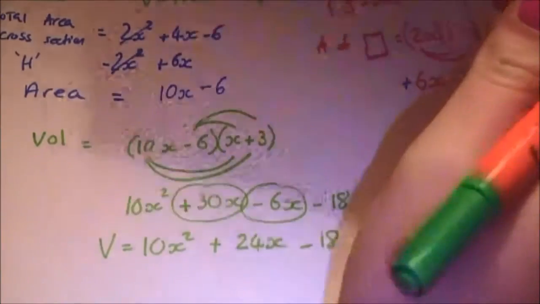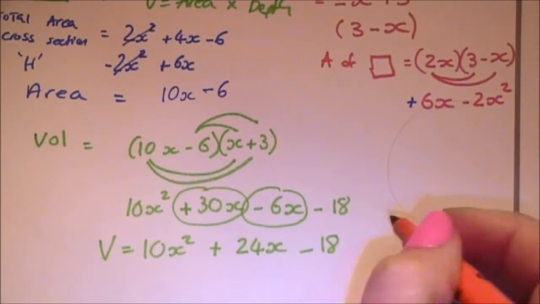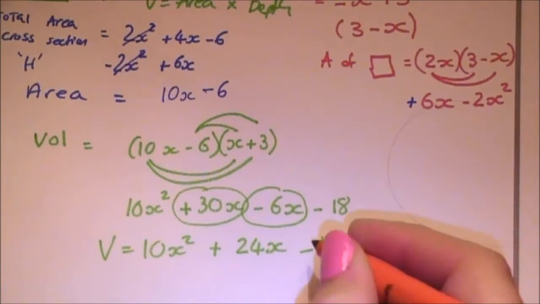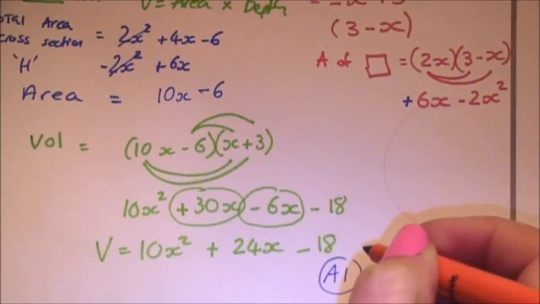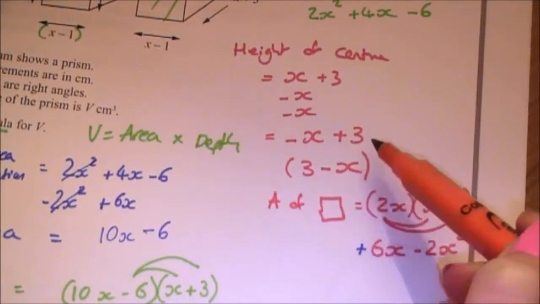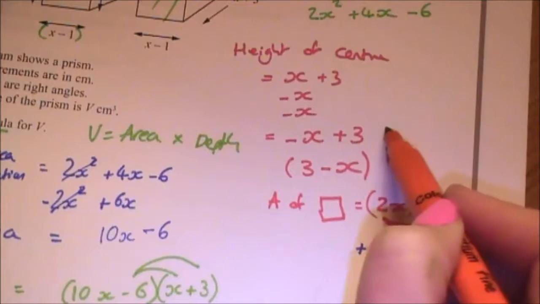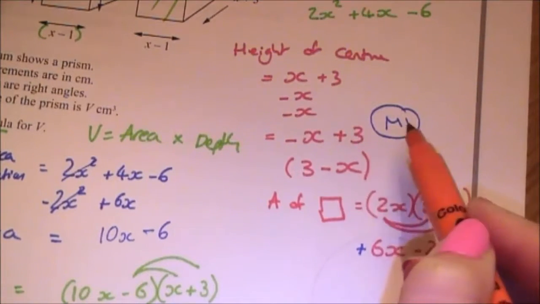I can have a look at where the marks are allocated for this. So I get an answer mark for getting the correct answer. Now, I get a method mark if the examiner can see sight of you finding an expression for the missing side. So that gets me a method mark.